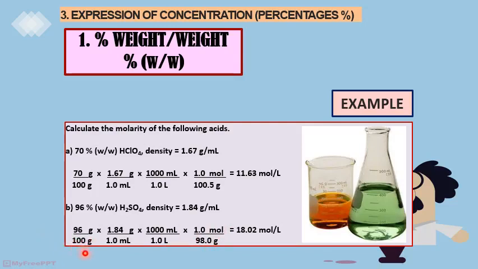Then this 100 gram you convert into volume using density, so you cancel out the gram and get milliliter. The milliliter is converted into liter with the conversion factor 1000 milliliter per 1 liter, so you cancel out the milliliter. Your final answer is mole per liter. So the answer for this is 18.02 mole per liter.